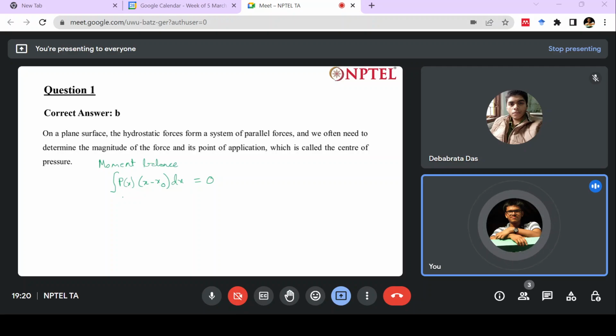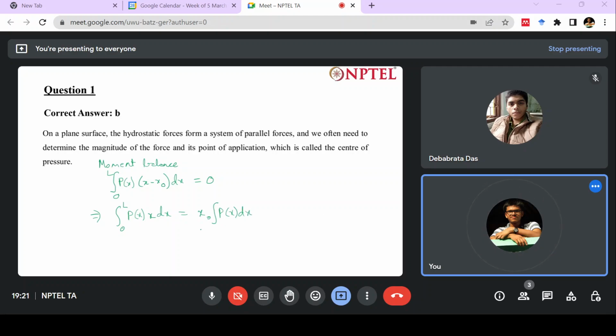Now here x0 will be constant while x is basically the variable. So I can simply change this as integration from 0 to L, whatever the variation of pressure is, of p(x) x dx. While I am taking this on the other side, this will be x0 times integration of p(x) dx.